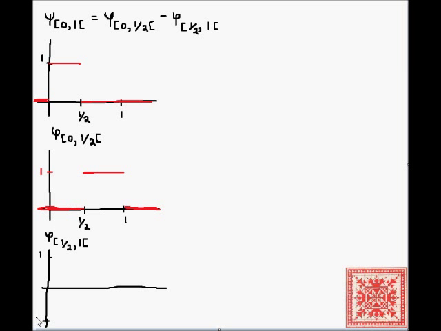So this is 1, and this will be minus 1, and this will be half. So we're drawing minus phi from 1/2 to 1.